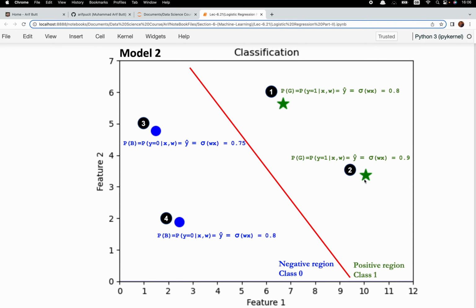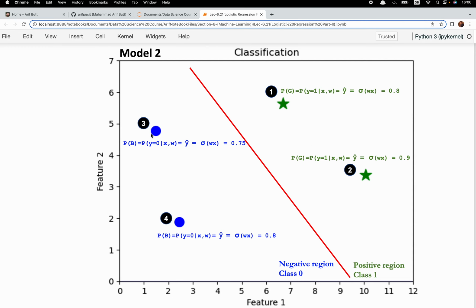My dear friends, if we know the probability of these 2 green points belonging to class 1, which are 0.8 and 0.9, then the probability of these 2 points belonging to class 0 will naturally be 0.2 and 0.1 respectively. I hope this makes sense to you all.